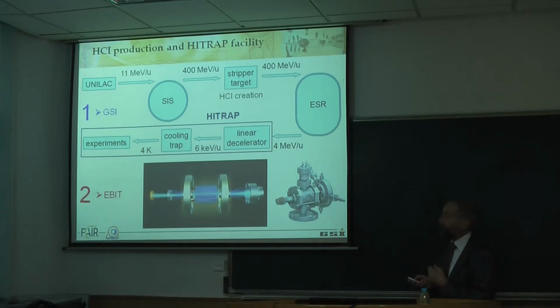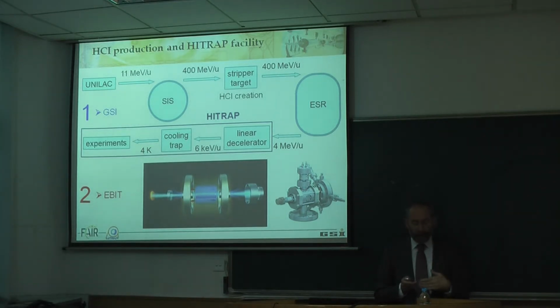And the other way that we can get ions into this beamline is starting from an EBIT, and they're putting together an EBIT there as well. So that's an alternative source. Actually, that's to go straight to these experiments. But the EBIT isn't able to generate all the charge states that we can generate here in the accelerators.